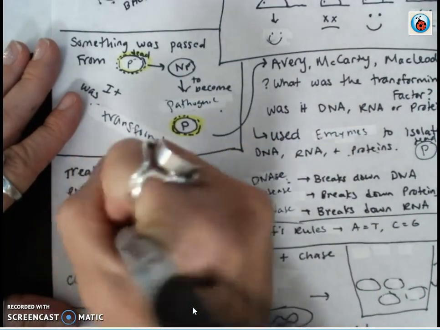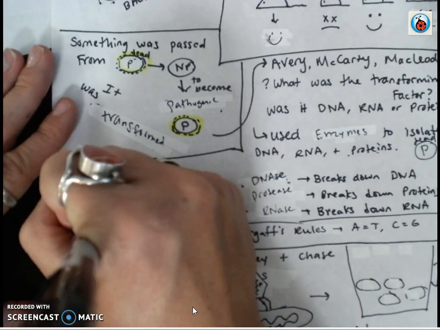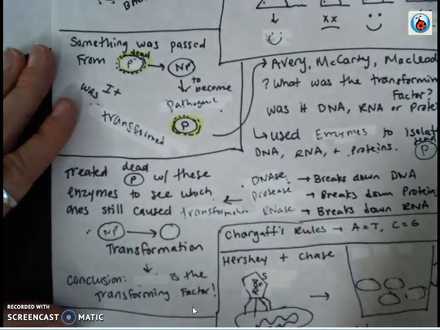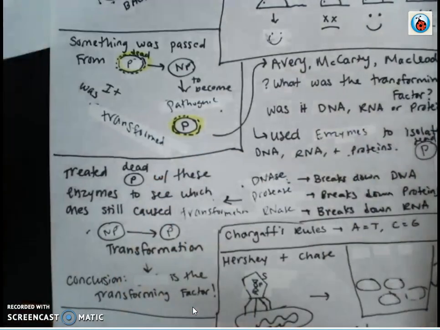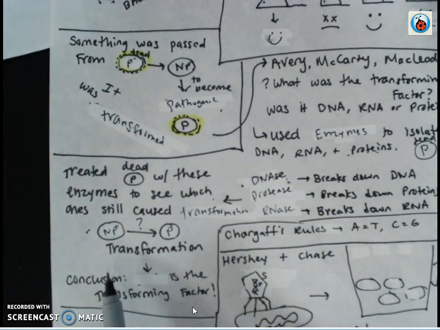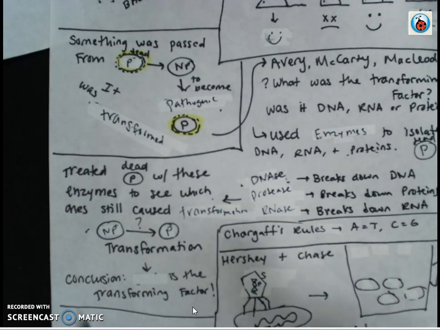So they wanted to see if you had this, what is going to cause the non-pathogenic bacterium to be transformed to become pathogenic? Like which molecule? Is it the DNA that was being passed to cause the non-pathogenic to become pathogenic? Was it protein? Was it RNA?